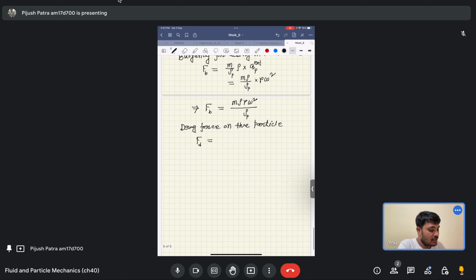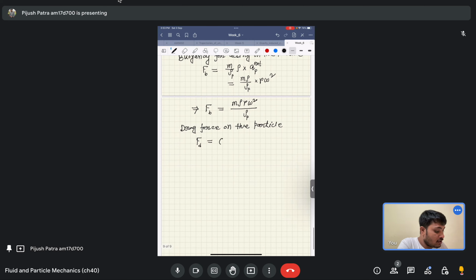So for that instant where its velocity is u, the drag force will be 6 pi mu u ap, as simple as that, which is equal to 3 pi mu u into dp.